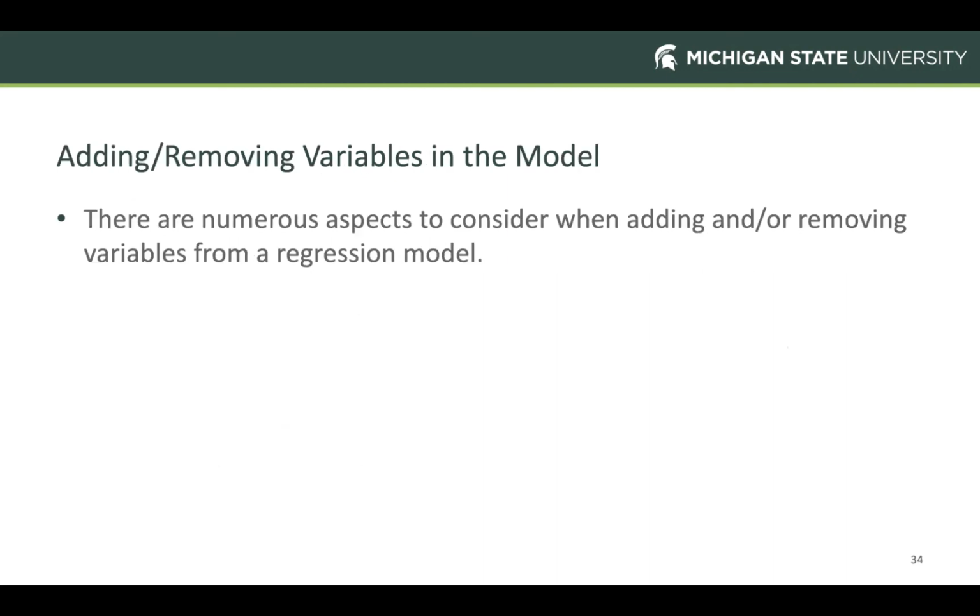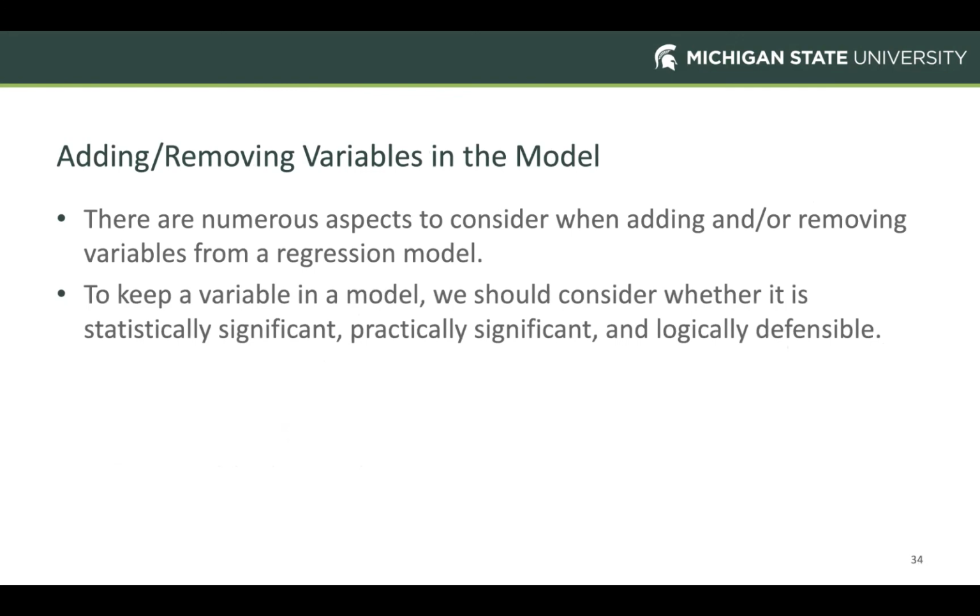More broadly, as we look to build multiple linear regression models, there are a variety of things we should consider when adding or removing variables from our model. From a big picture perspective, there are at least 3 considerations when we're looking at keeping or removing a variable: whether the variable is statistically significant, whatever our confidence level may be; secondly, whether it's practically significant; and thirdly, whether or not it's logically defensible.